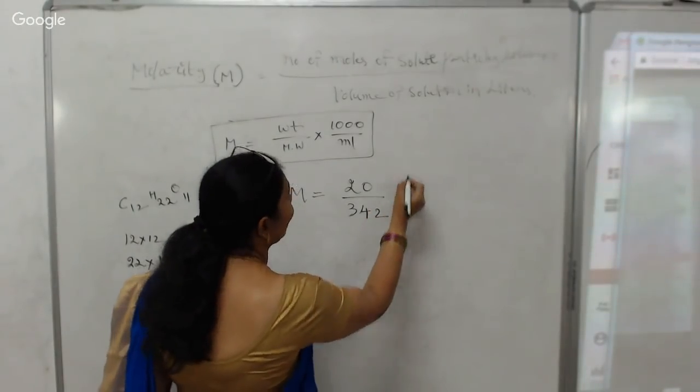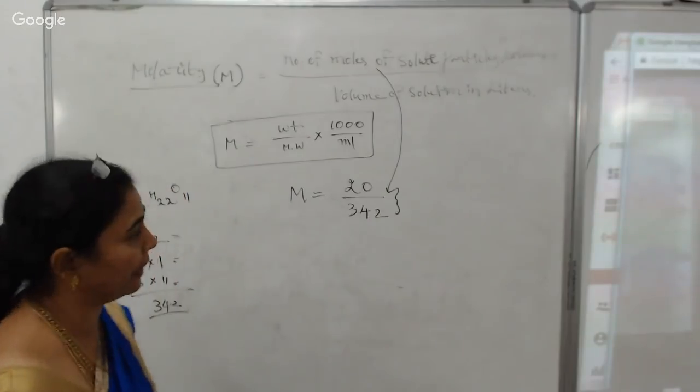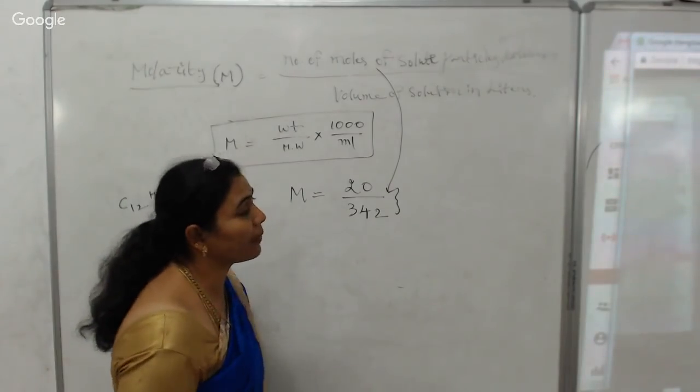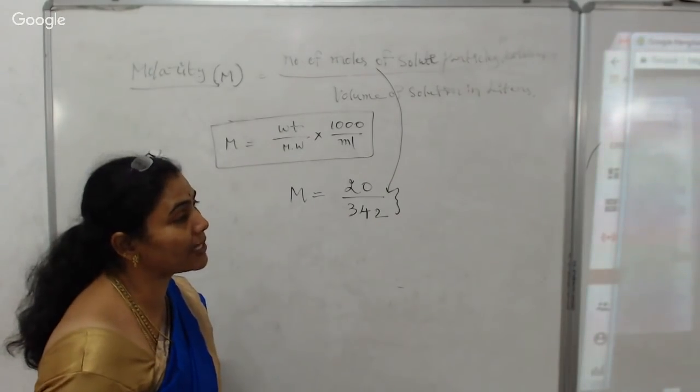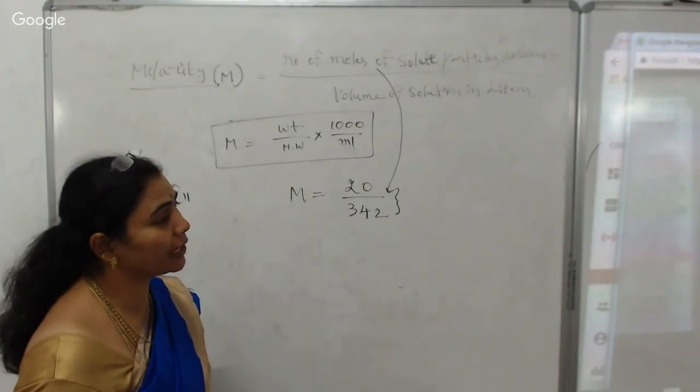This is nothing but number of moles, weight by molecular weight. If you calculate 20 divided by 342, calculate very fast. What is the answer?